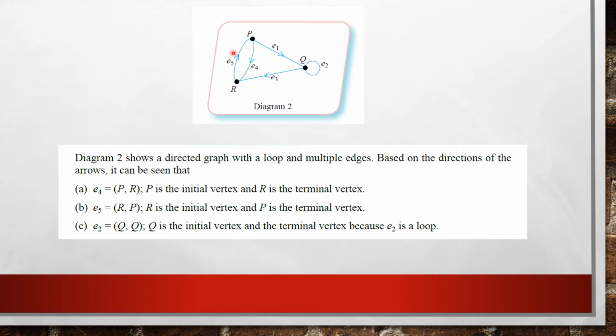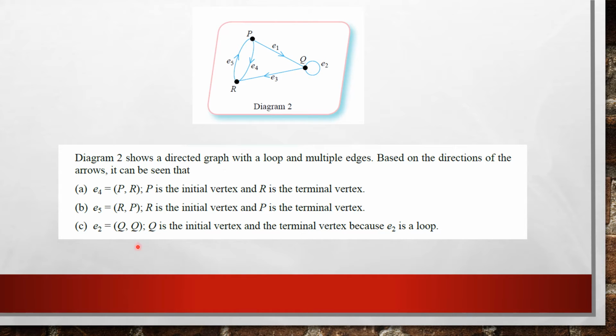Next, the line E5. E5 starts from R going towards P. So you write it in brackets as RP. R is the initial vertex and P is the terminal vertex. Next is E2. E2 is the loop.